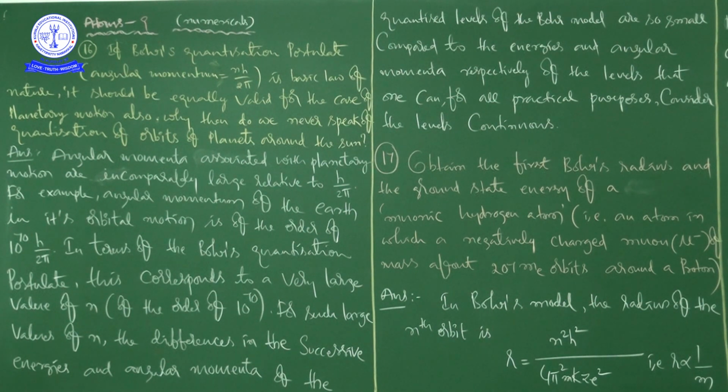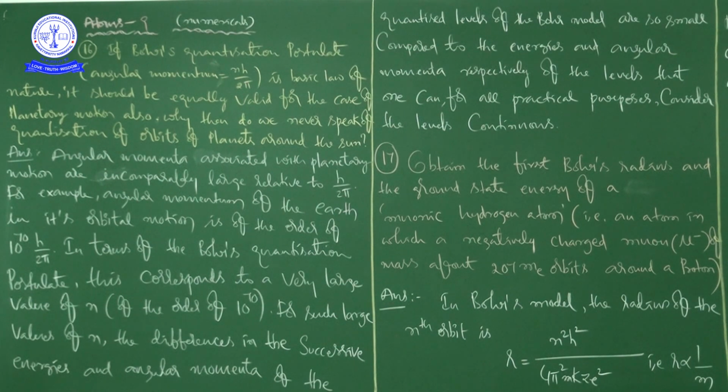So you compare: mvr is equal to n h by 2 pi. Here, mvr equal to h by 2 pi would mean n is equal to 1.